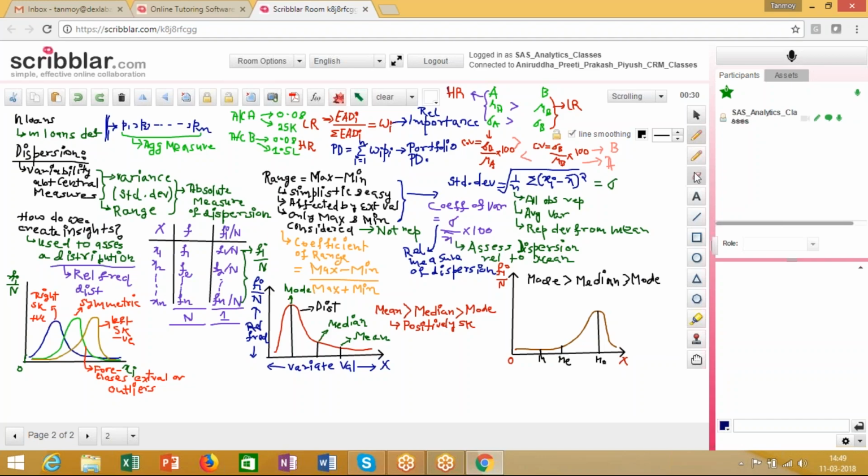So the mode is greater than the median and the median is greater than the mean. Now this happens for a left skewed distribution or a negatively skewed distribution.